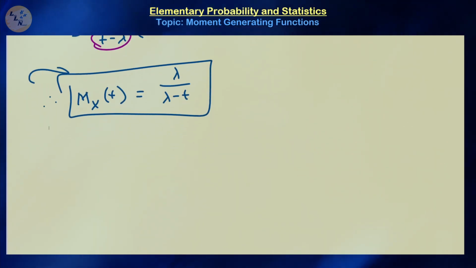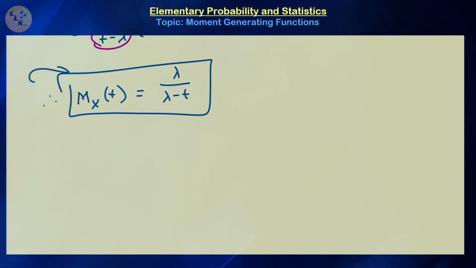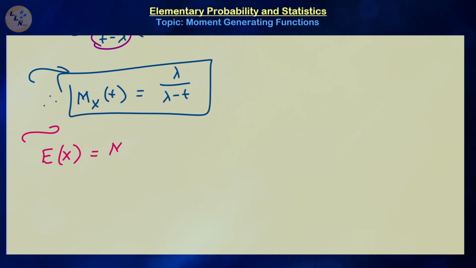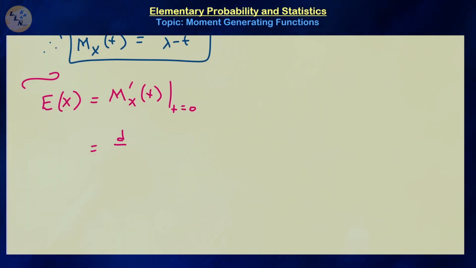So that's my MGF for an exponential random variable, and then I can prove all of my formulas for my exponential random variable. Right? So how would I find the expected value of an exponential random variable? I would first find the derivative of my MGF and then evaluate that at t equal to 0. So what is the derivative of lambda all over lambda minus t?